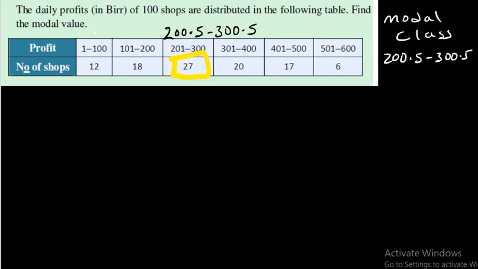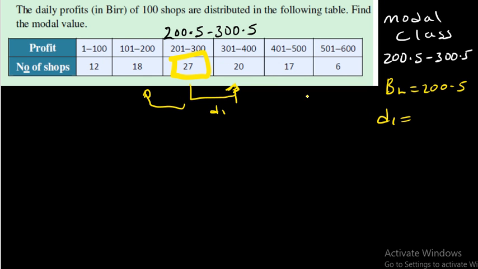From this, what is the lower class boundary, BL? 200.5. And D1, that's going to be the difference between the modal class and the next one, and D2, here it is, the difference between the modal class and the previous one.